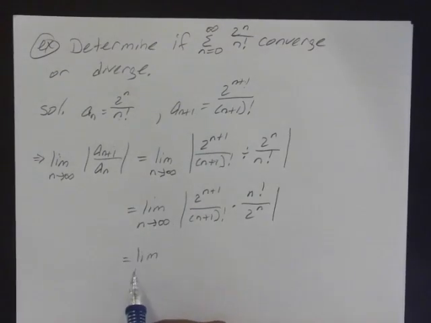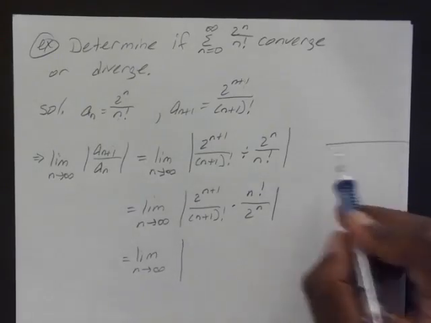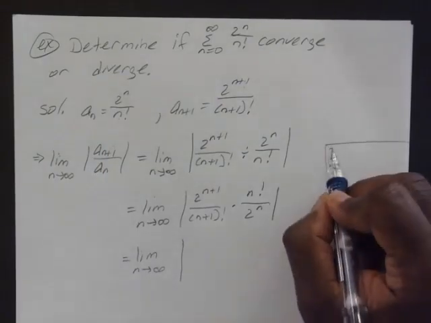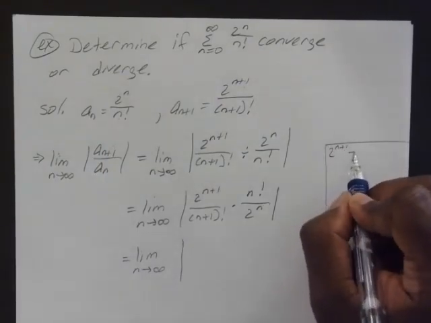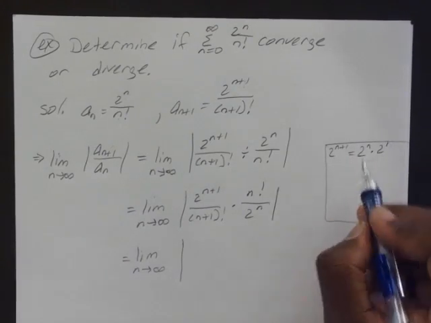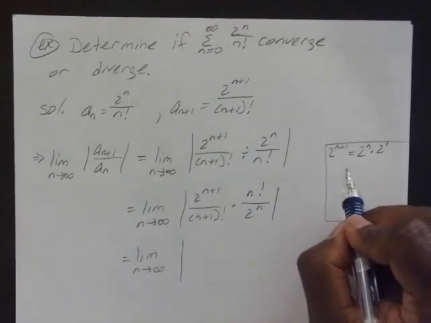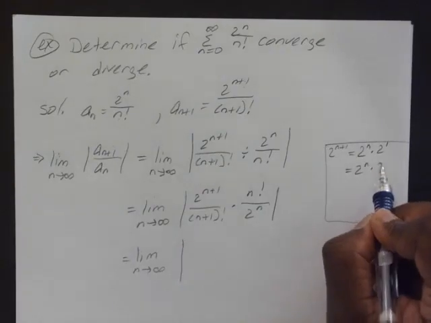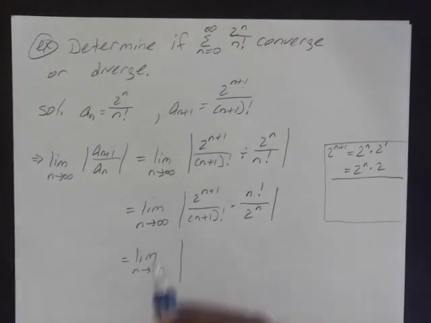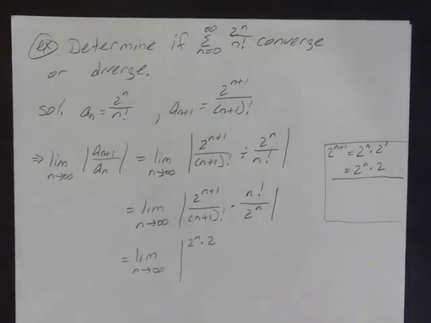Okay, so that gives us the limit as n approaches infinity. So that 2 to the power of n plus 1, we can rewrite that as 2 to the power of n times 2 to the first power, or just 2 times 2 to the power of n. So we rewrite this as 2 to the power of n times 2.